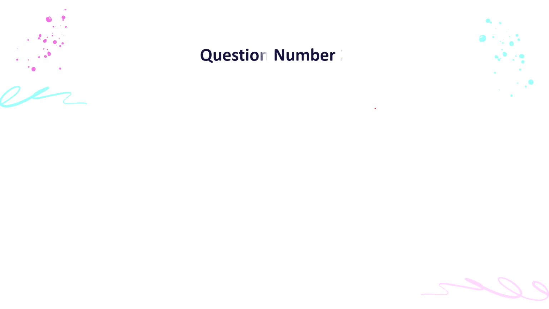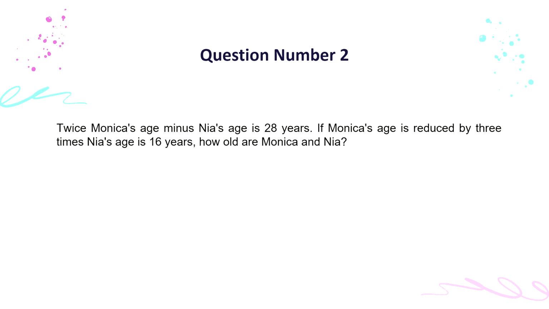Next, question number 2. Twice Monica's age minus Nia's age is 28 years. If Monica's age is reduced by 3 times Nia's age, it is 16 years. How old are Monica and Nia? In this problem, we will use the elimination method.